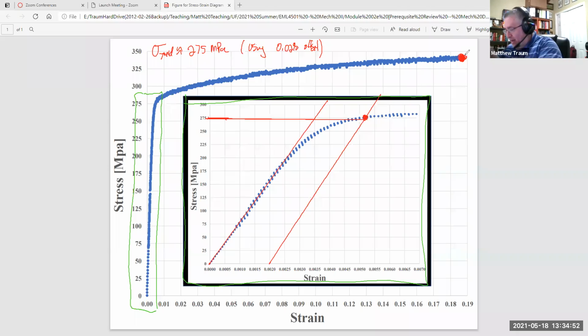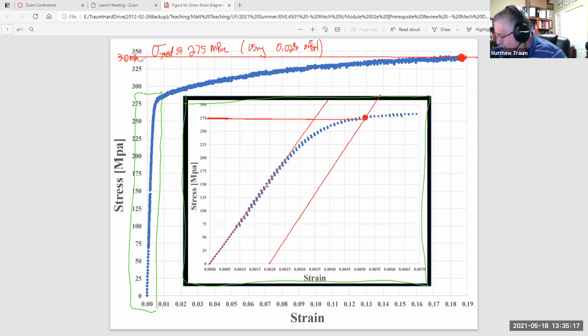And then I'm going to again just use my ruler and draw all the way back and try to draw a straight line if at all possible. Let's see here. To right about there. Okay. And get a result of approximately maybe about 340 megapascals for fracture.